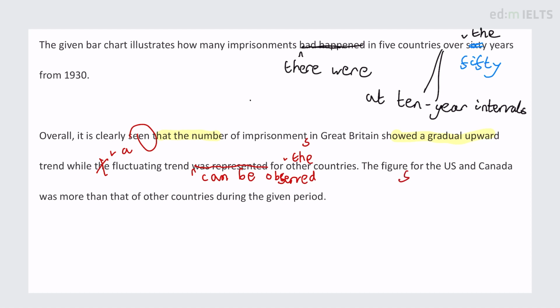The figures for the US and Canada, because it's 2, was more than that of other countries. This is a bit awkward. So those figures were more than those of the other countries during that period. I'm just going to suggest an improvement related to what I said before. Oops, my apologies.